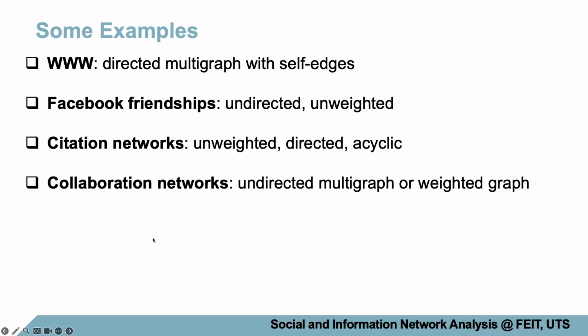Next example is collaboration network. Collaboration network is an undirected graph because the collaboration is a mutual relationship, and also there may be many collaborations between them.